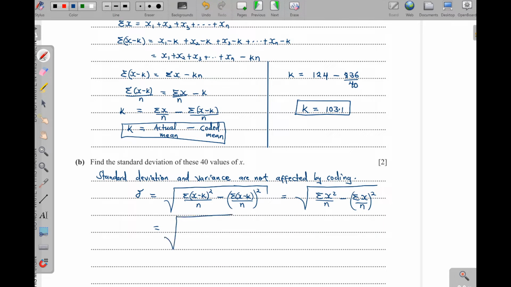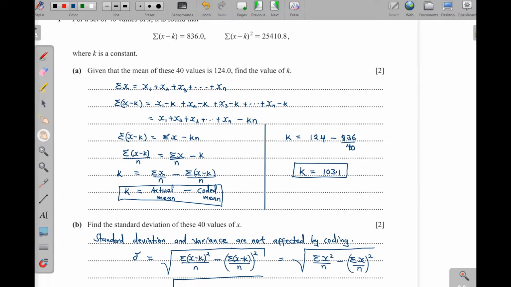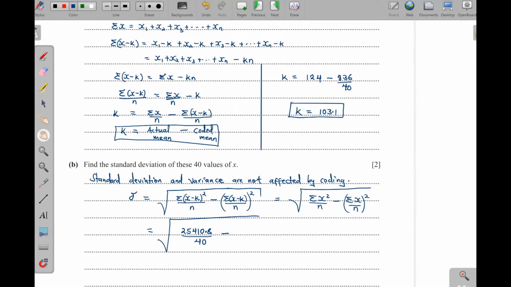So we have 25410.8 divided by 40, then minus the summation, this one here, the coded mean. So we have 836.0 divided by 40, then brackets, what? Squared. And then what do we get altogether?